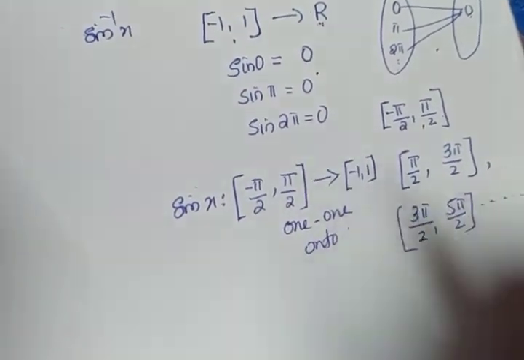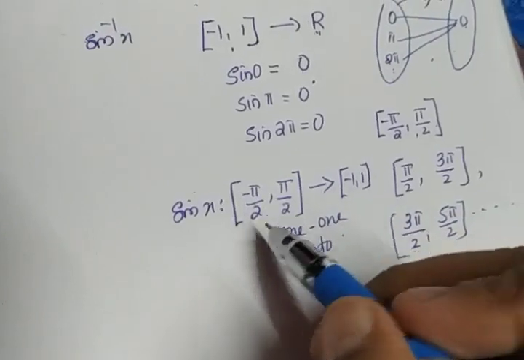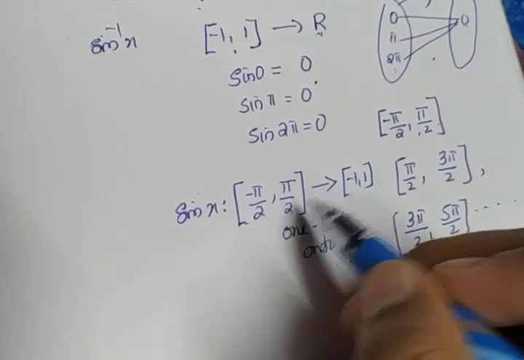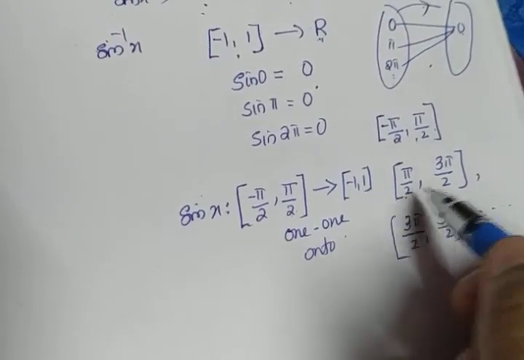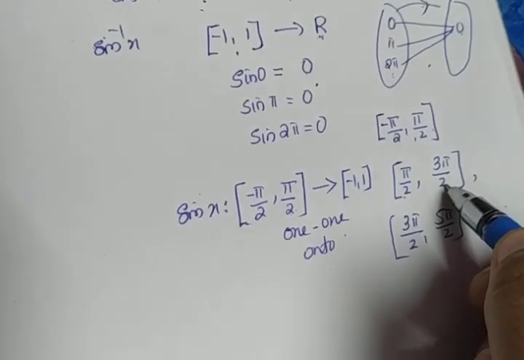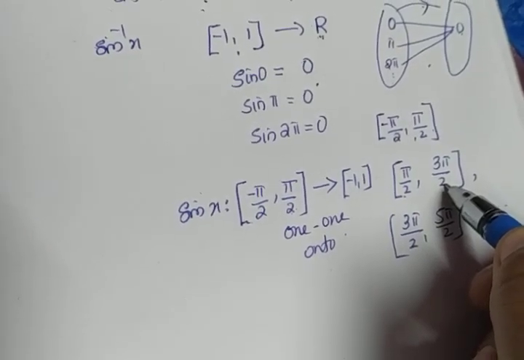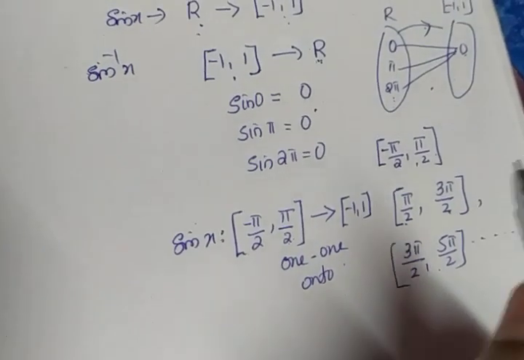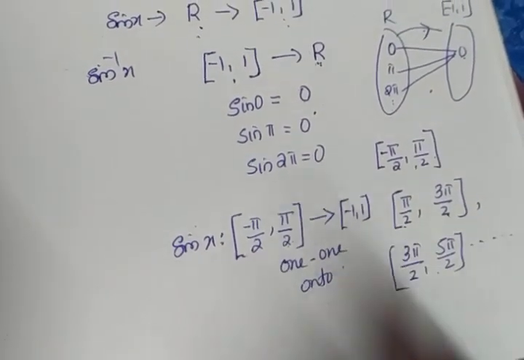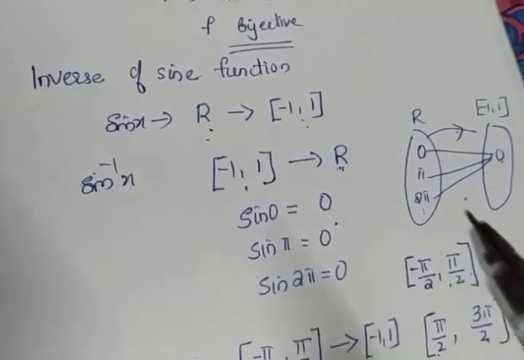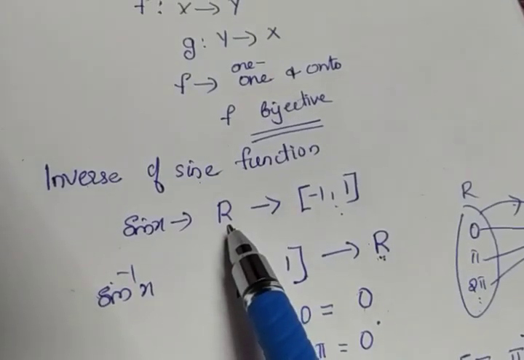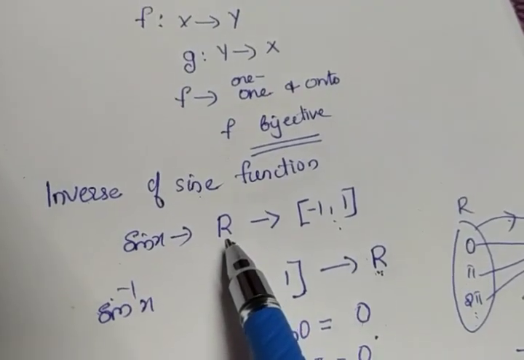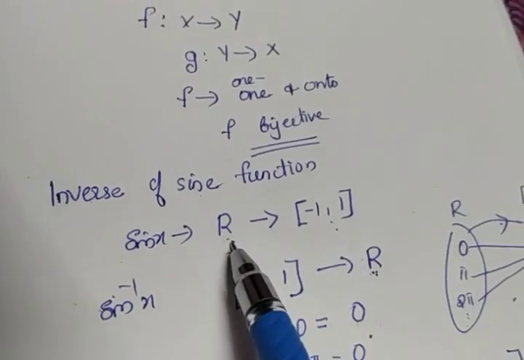That means this function has an inverse. Same way, instead of closed interval minus pi by 2, pi by 2, I can take closed interval pi by 2, 3 pi by 2. Then also the function will be 1, 1 and onto. Same way in the case of all the intervals. So to make the sine function 1, 1 and onto, we are restricting the domain of the sine function instead of R, to an interval, so that the inverse function exists.